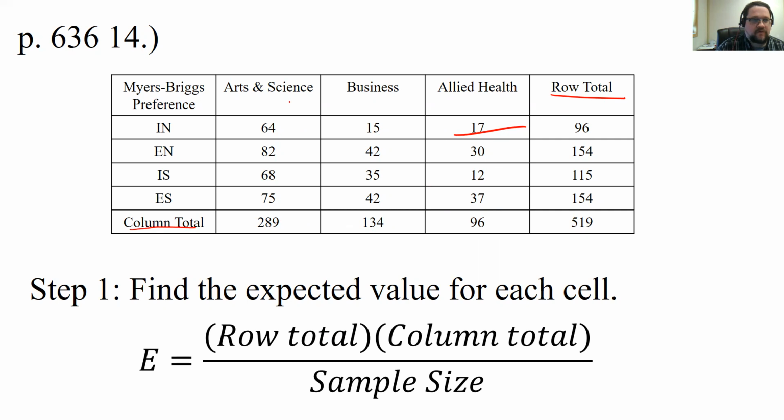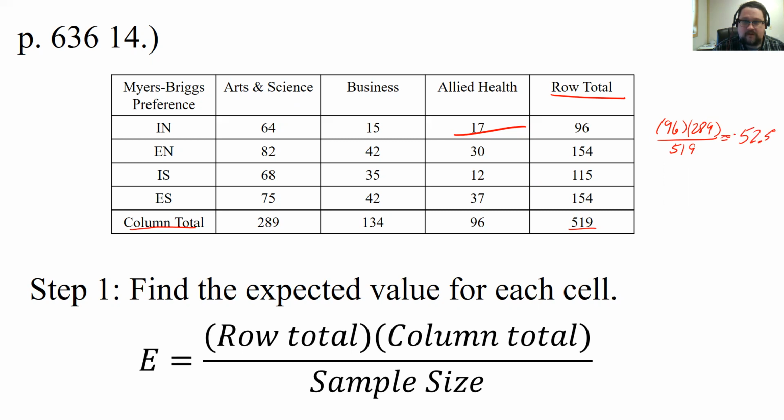To find this first spot, I would take 96 times 289, and I would divide that by the sample size. And the sample size is this 519. And so for that first value, this is the expected value if they were independent. This is what I would expect to get. So basically about 52.5.